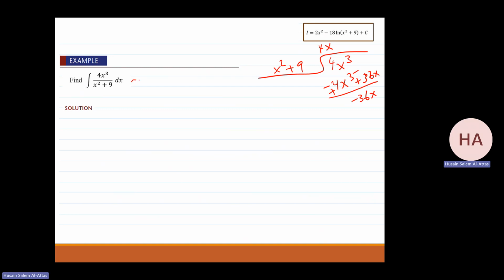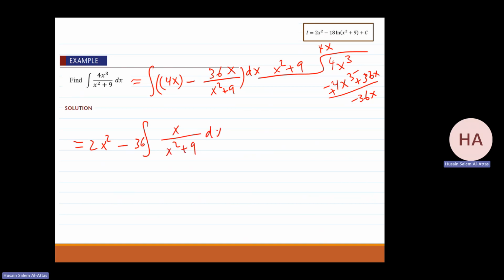So this integral will be what? 4x minus 36x over x squared plus 9 dx. What's the integral of 4x? It is 2x squared. This one, I need the integral of this. Take the 36 out: x over x squared plus 9 dx. I will use substitution.